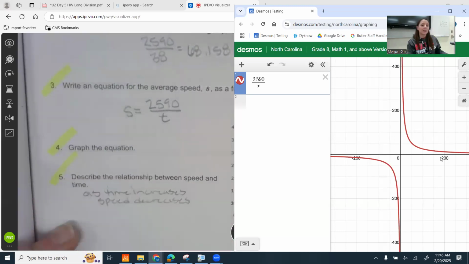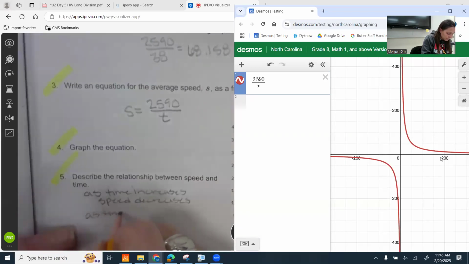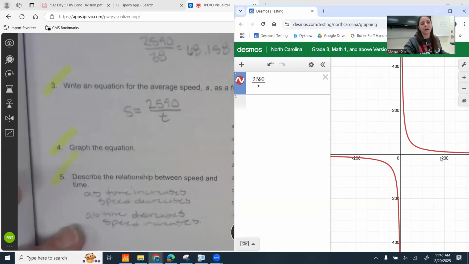Or if you want to say it the other way around, as we can see from numbers 1 and 2, as time decreased, speed increases. So we can have a relationship between that right there.